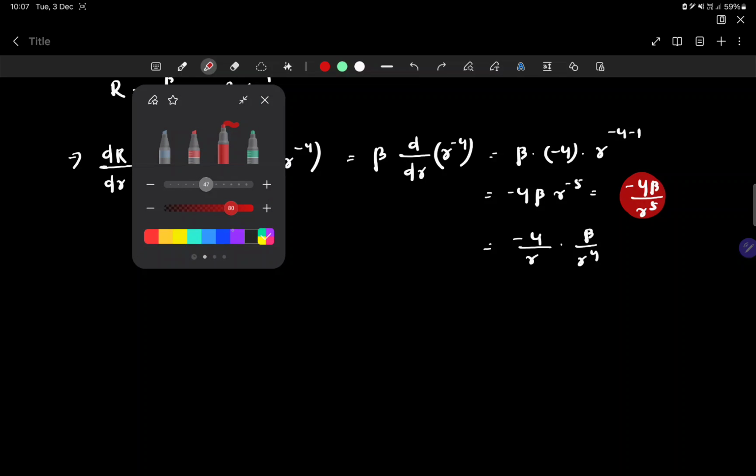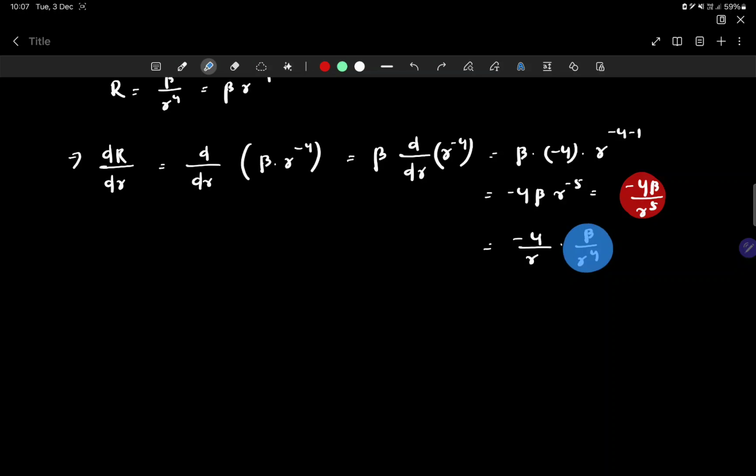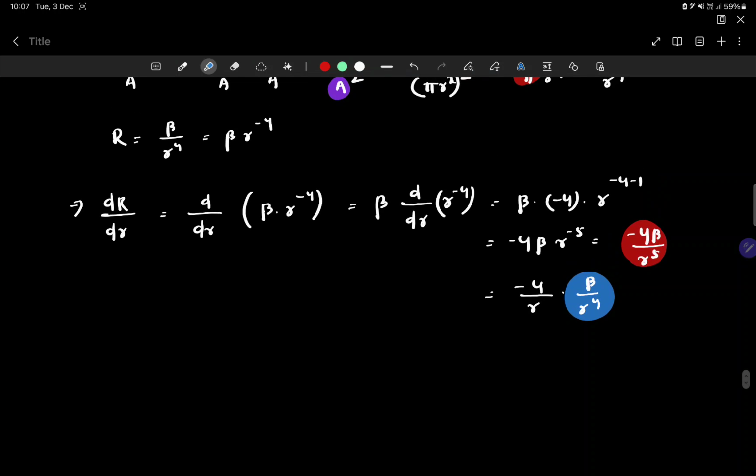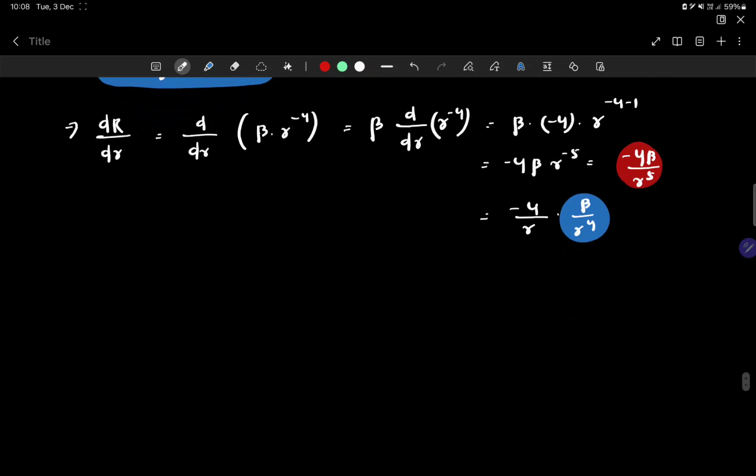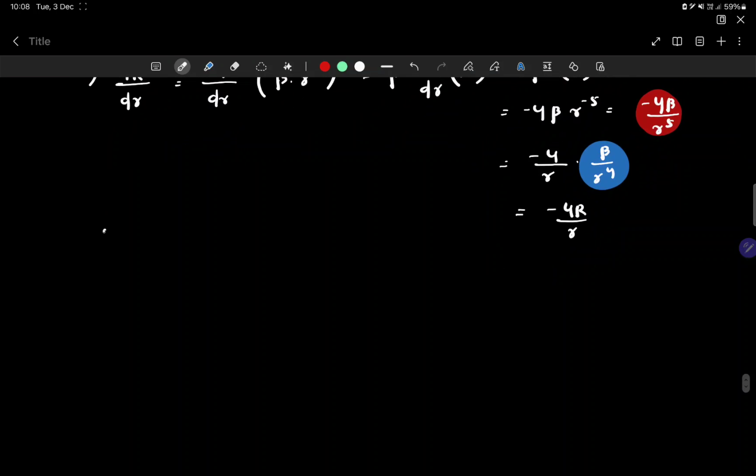So now by arranging in such a way, instead of beta by r to the power 4, I can write capital R. R is equal to beta by r to the power 4. Is it clear? So now put minus 4 capital R by small r. So d capital R by d small r is equal to minus 4 capital R by small r.